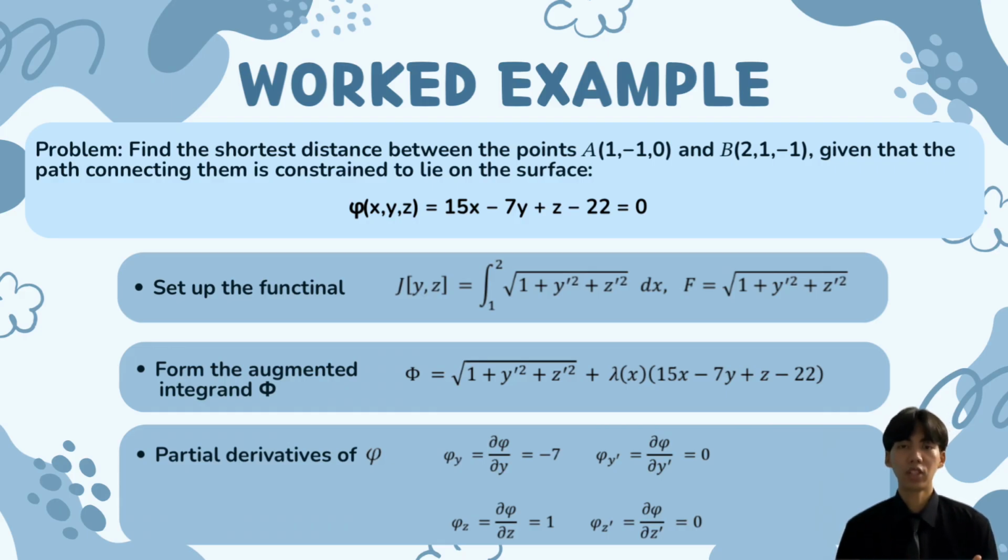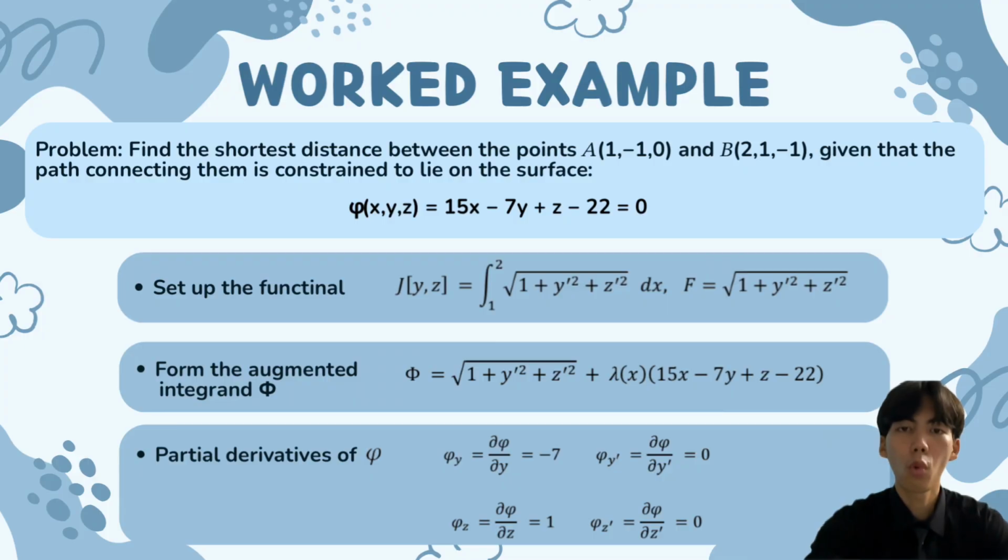The arc length functional between the 2 points, parameterized by x, is set up as J of y, z equal to the integral from 1 to 2 of the square root of 1 plus y prime squared plus z prime squared dx, with f equal to the square root of 1 plus y prime squared plus z prime squared.